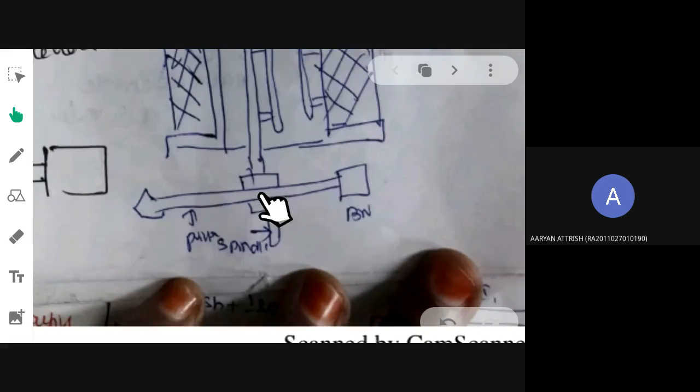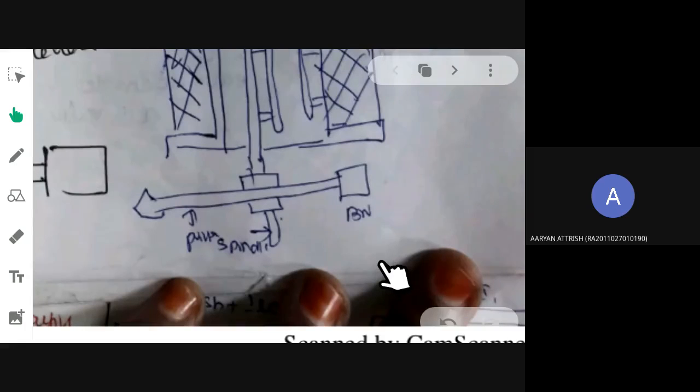So this will also get shifted in its position, thereby it will indicate the reading, whichever value you want to measure, either voltage or current. And here you can see for yourself which is giving you the control torque. What is present here? BW means a balance weight. So what type of torque is the control mechanism giving you?